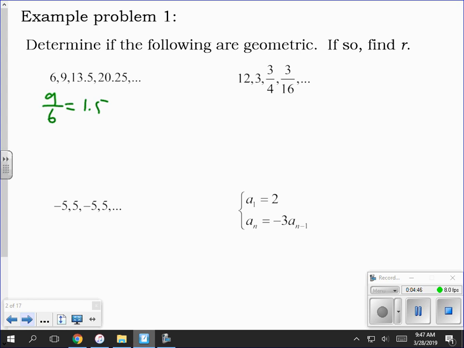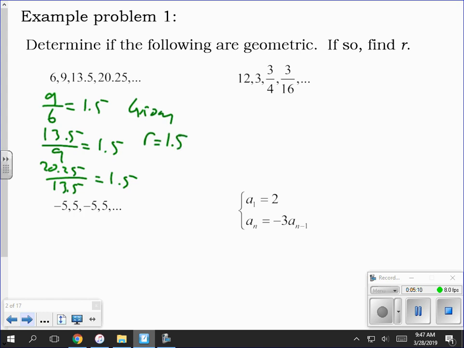But I want to make sure, so I do it again. 13.5 divided by 9, and I get 1.5, and I should really do 20.25 and divide that by 13.5, and yeah, I would get the same thing. If you get the same number each time you divide, it is geometric, and my R is that number. Okay. Arithmetic, you subtract. Geometric, you divide.